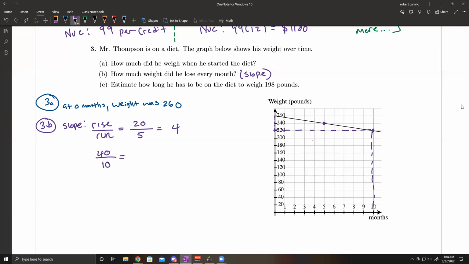And 40 over 10 is still 4. So either way, we're reading the graph and looking at the slope, because this determines how much weight Mr. Thompson's losing every month. So we know that he's losing 4 pounds per month.